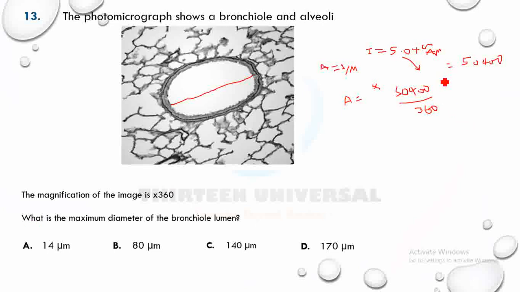If you're converting 5.0 centimeter to micrometers, you have to multiply by 10,000, because you first convert to millimeters by 10. So if you move from centimeter to micrometers, multiply by 10,000.